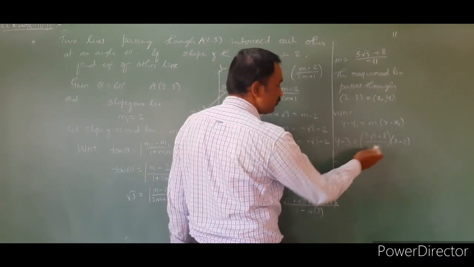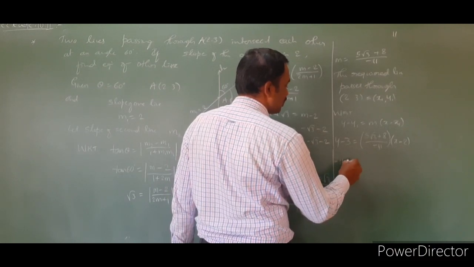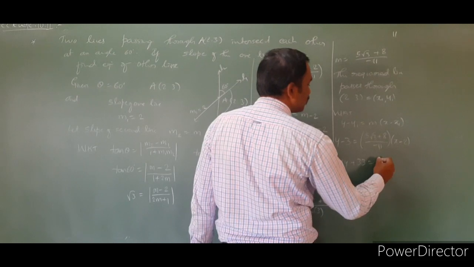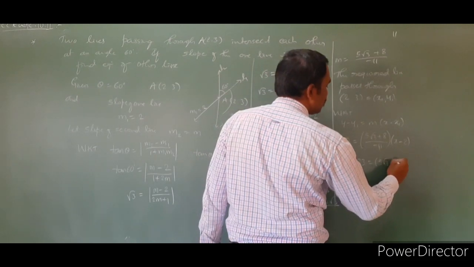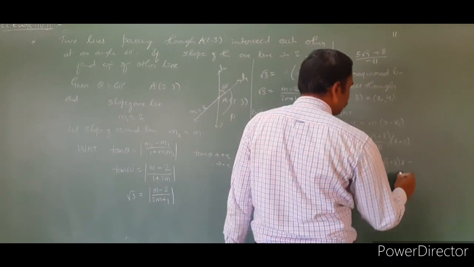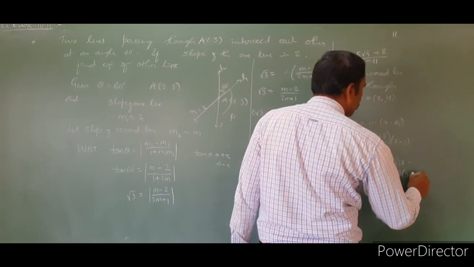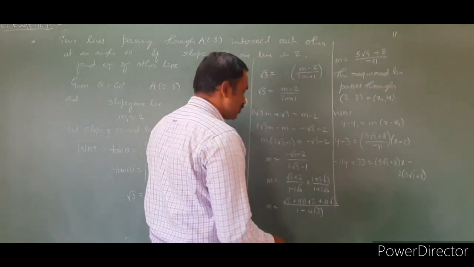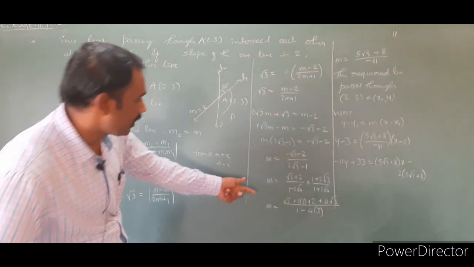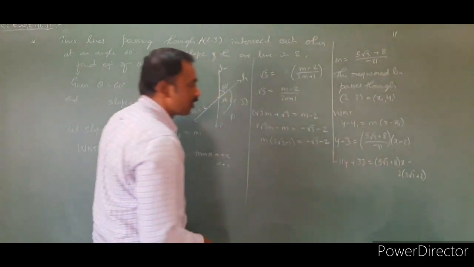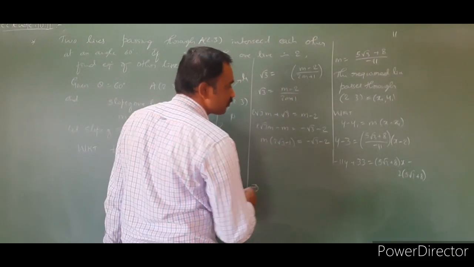Simplify. Cross multiply: minus 11 into (y minus 3), minus minus plus 33, is equal to (5 root 3 plus 8) into (x minus 2). Simplify; keep the x coefficient always positive. I just rubbed this part because space is not enough. Okay, I just continue from here.